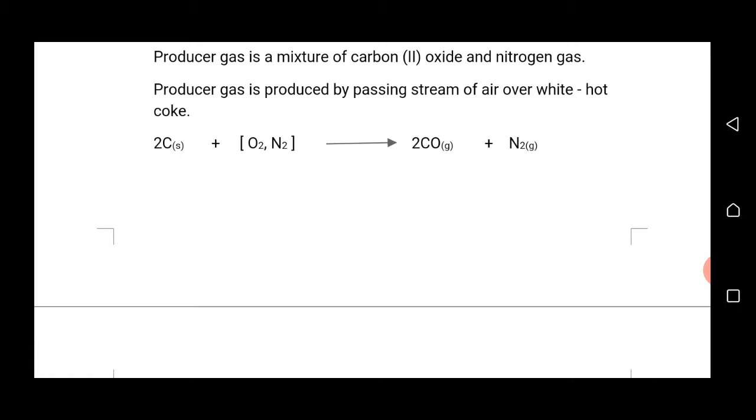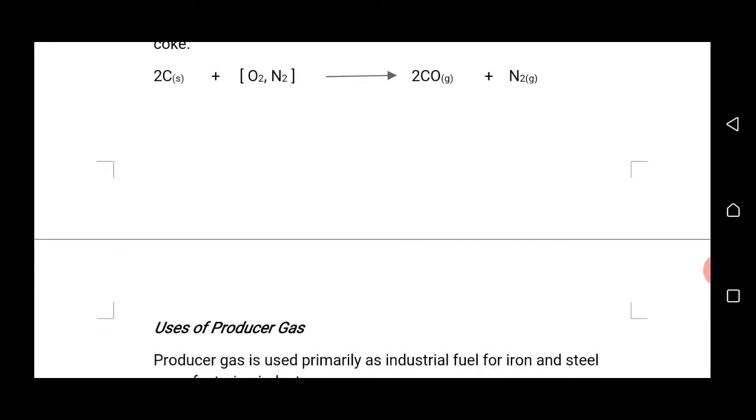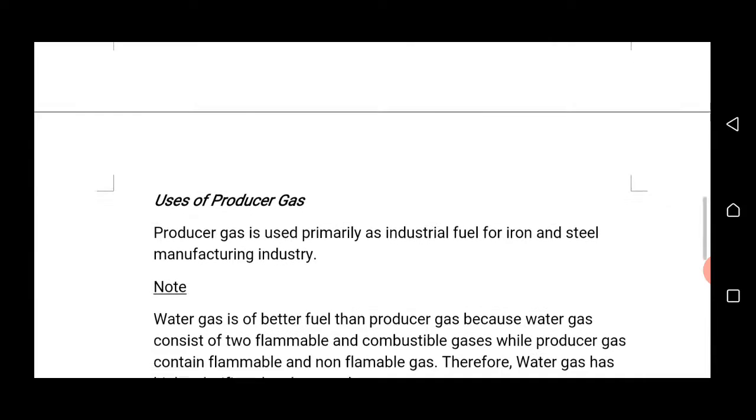Though carbon dioxide is also present in here, the composition of CO2 present in here is not that much, so we ignore CO2. Now, when coke combines with air, it produces CO and nitrogen gas. So the mixture of CO, that is carbon monoxide, and nitrogen gas is known as producer gas.